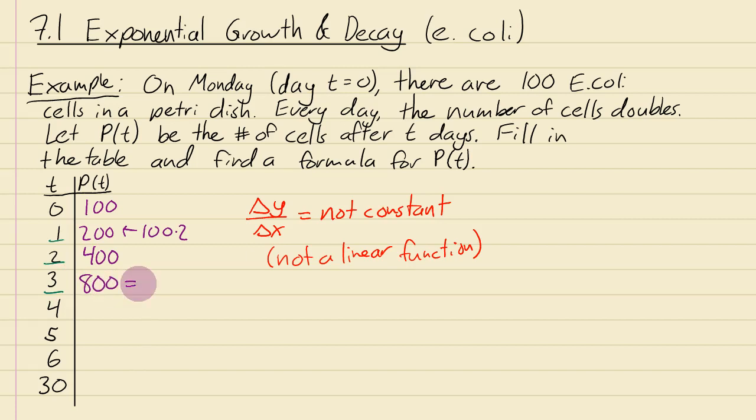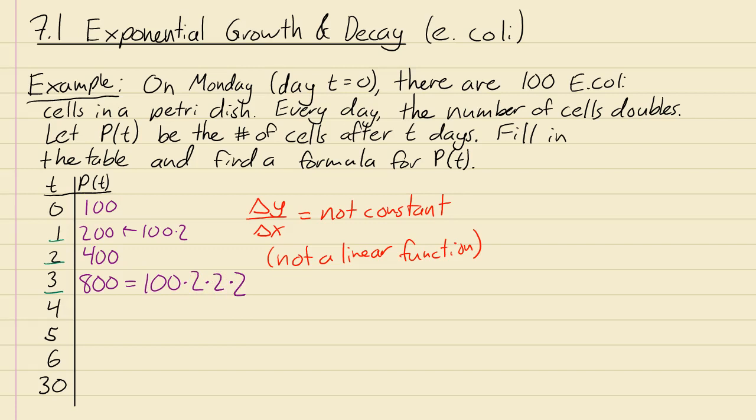So in other words, you could get this by saying, I'm going to start with 100, and then I'm going to multiply that by 2 once. So that 100 times 2 gives you that 200 there. And then it gets doubled again when you get to day 2. And then by the time you get to day 3, it's doubled a third time.